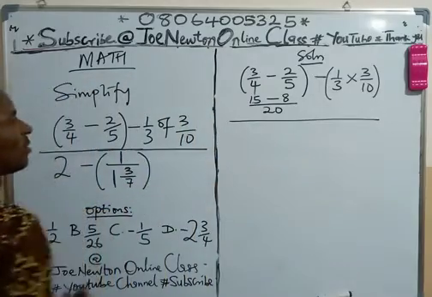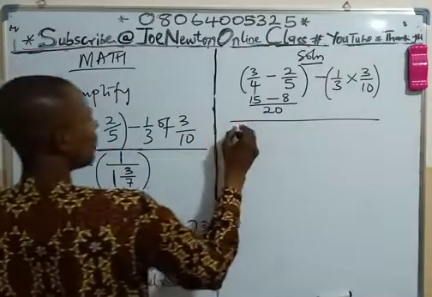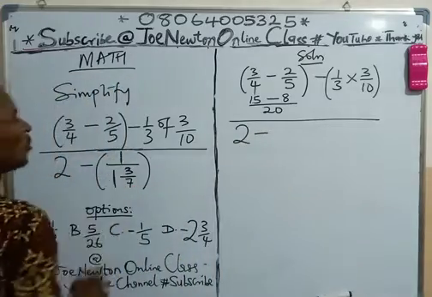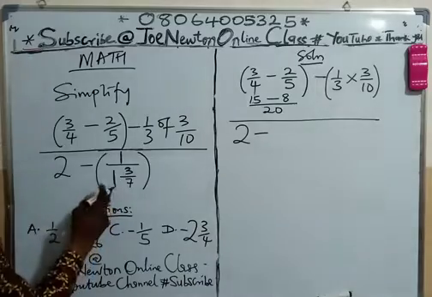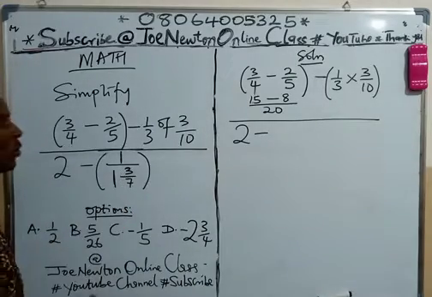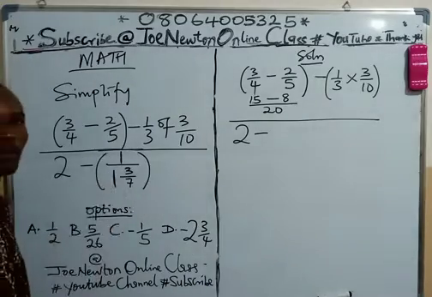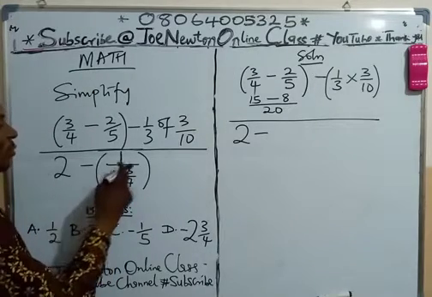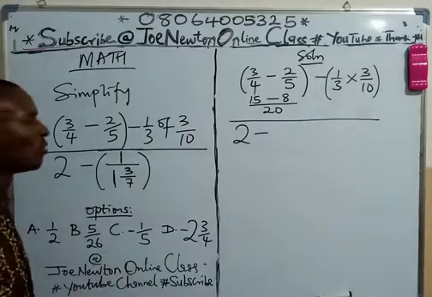When we come to this place, what we have here is 2 whole number minus, come to this bracket, you have 1 whole number 3 over 7. So this 1 whole number 3 over 7, you convert to an improper fraction. 7 times 1 is 7 plus 3. That will give you 10 over 7.